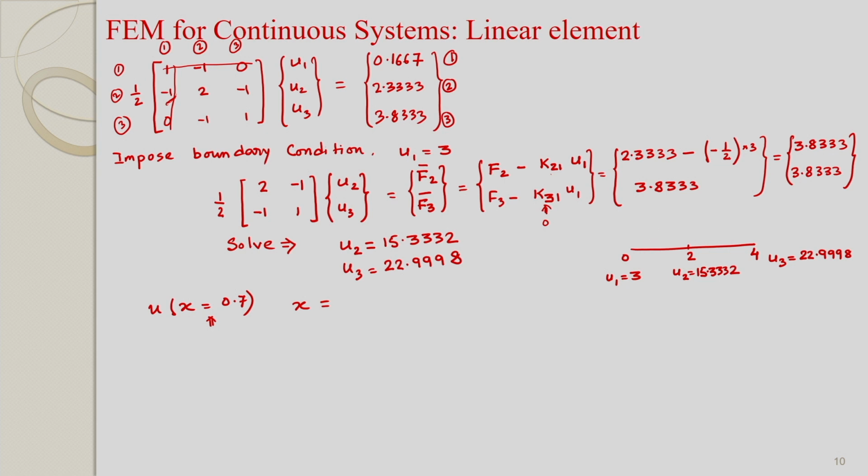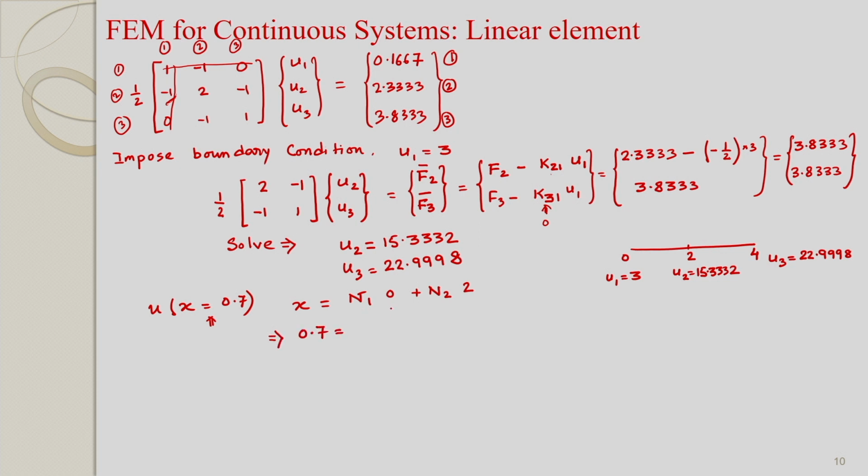So, for the first element, n1 x1 is 0, n2 x2 is 2. So, 0.7.